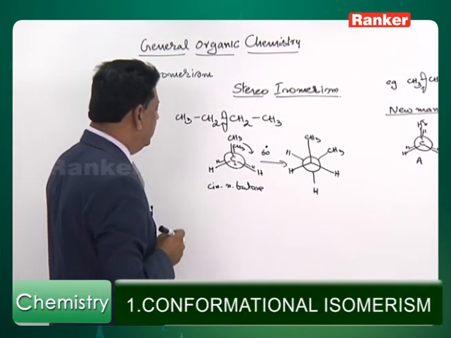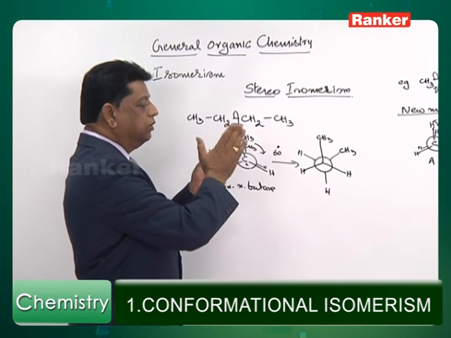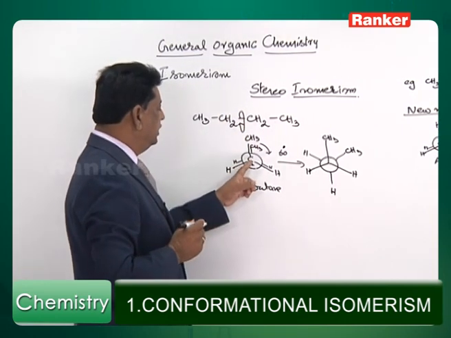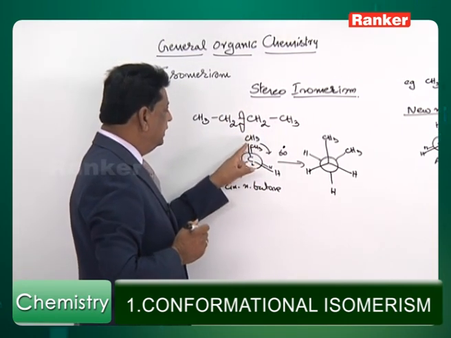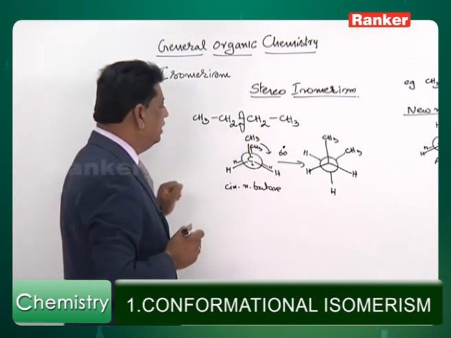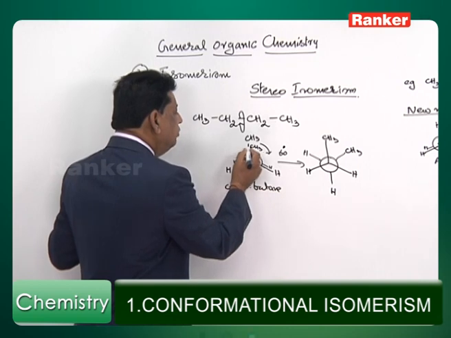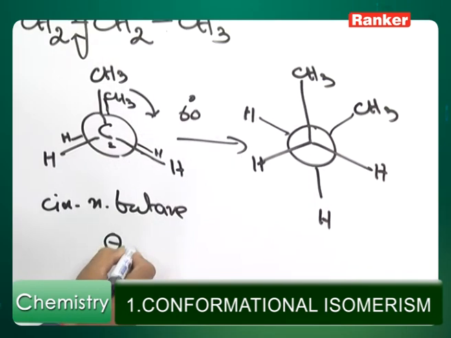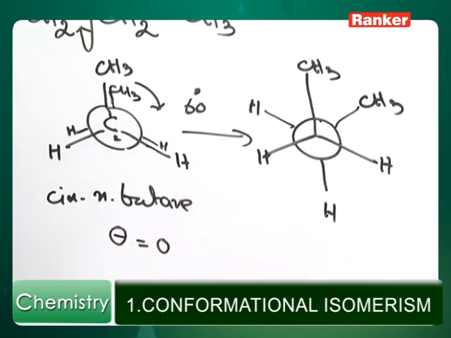This rotation is called the torsional angle. Between the methyl and methyl, the angle is not the bond angle, it is called the torsional angle, or it is shown with theta equals 0 degrees.